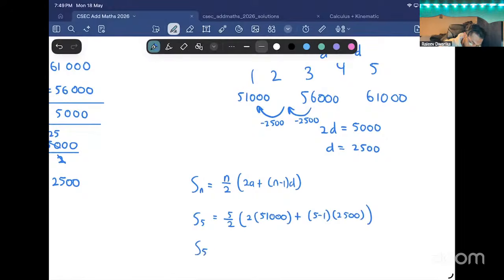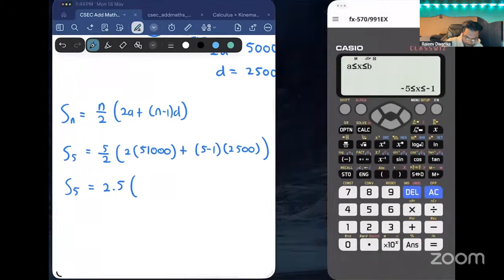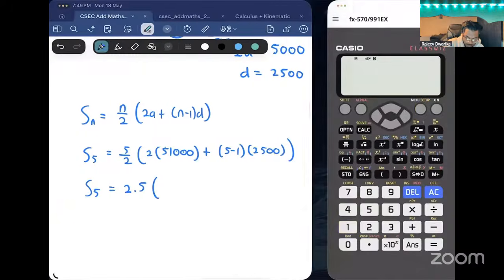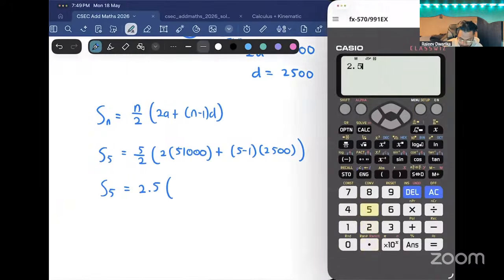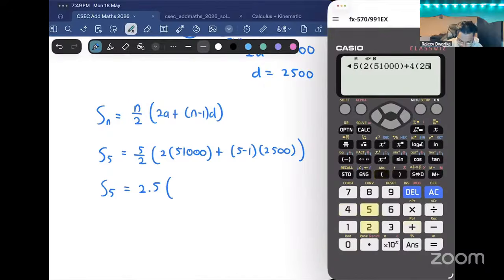When you plug that into the calculator, what do you guys get? I can plug the whole thing in.